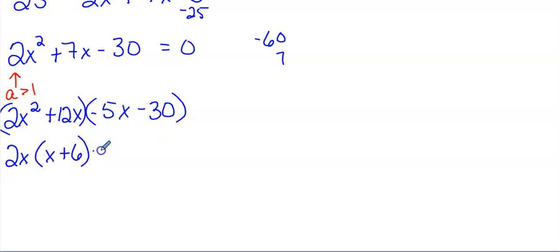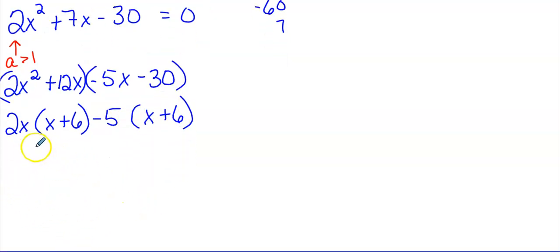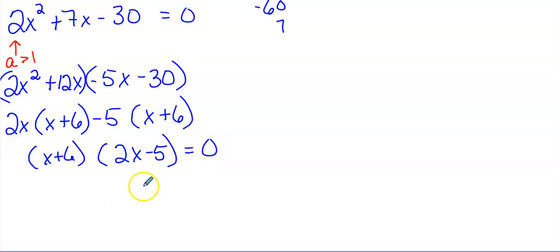I'll take out a minus 5 here because I need the x plus 6 in the parentheses again. Remember, if you get the same in both parentheses, you've done it correctly. So my first factor is x plus 6. My second factor is 2x minus 5. This is still equals 0.